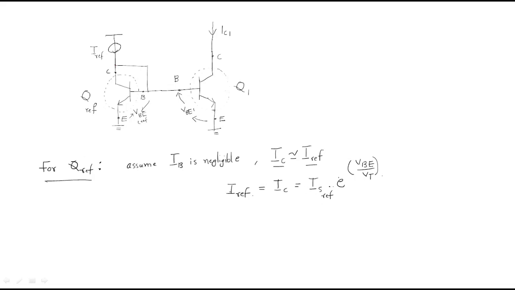Here IS reference is the reverse saturation current of Q reference, that means the reference transistor. From this we can write other equations.